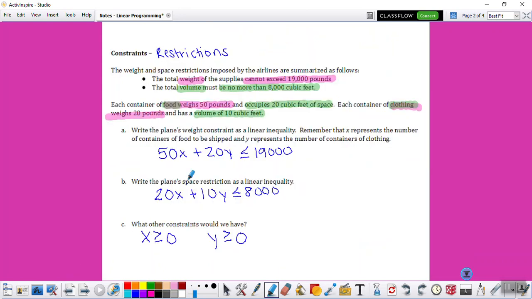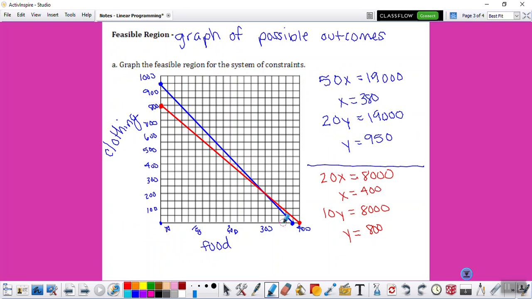And because both of our inequalities had less than, I'm going to shade everywhere that is below both of these lines. So I'm going to start off down here below the blue one, and then when they cross, I'll stay below the red one.